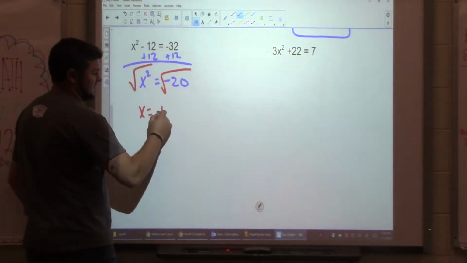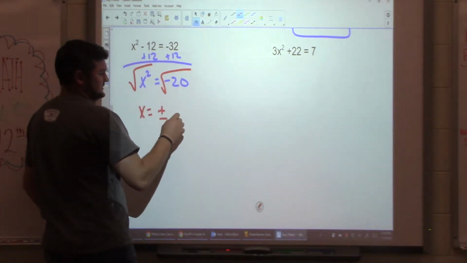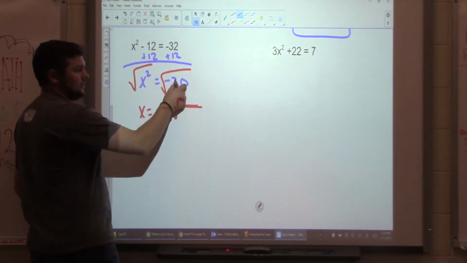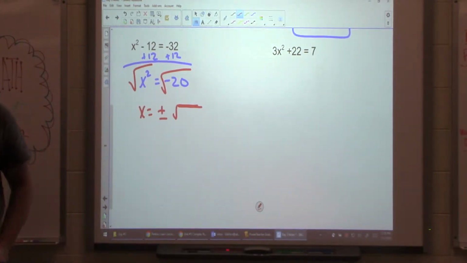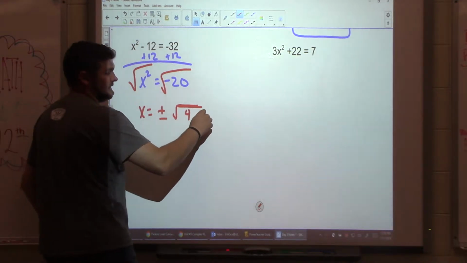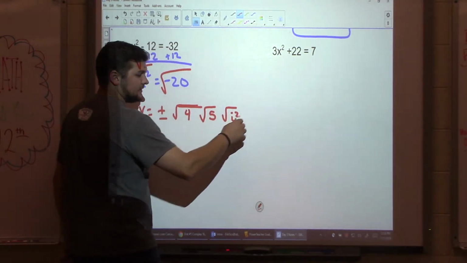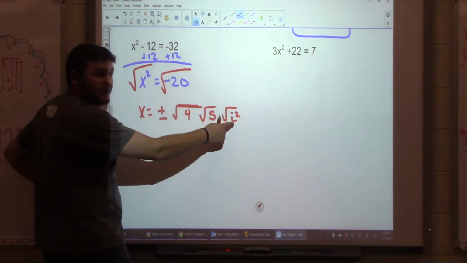x equals positive negative... Oh. Remember, if it's not a nice perfect square, simplified radical form. What's the biggest perfect square that goes into 20? 4. So square root of 4 times the square root of 5 times technically the square root of i squared. Right? -1s you turn into i squared.